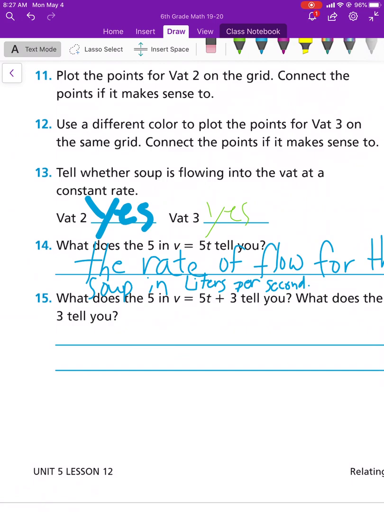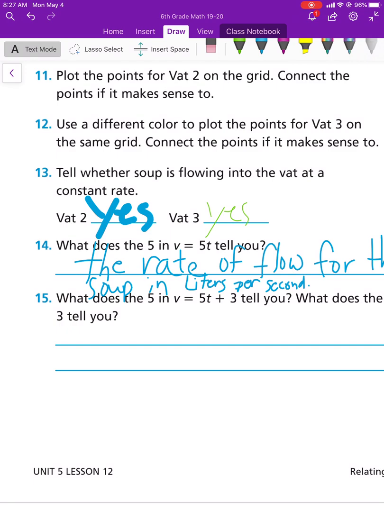It'd be like if you got a weekly allowance of $5 per week, and t is the number of weeks, because that's time. If you got paid $5 per week, but you already started with $3, you had $3 from Christmas. Doesn't matter. That's your starting amount, right?